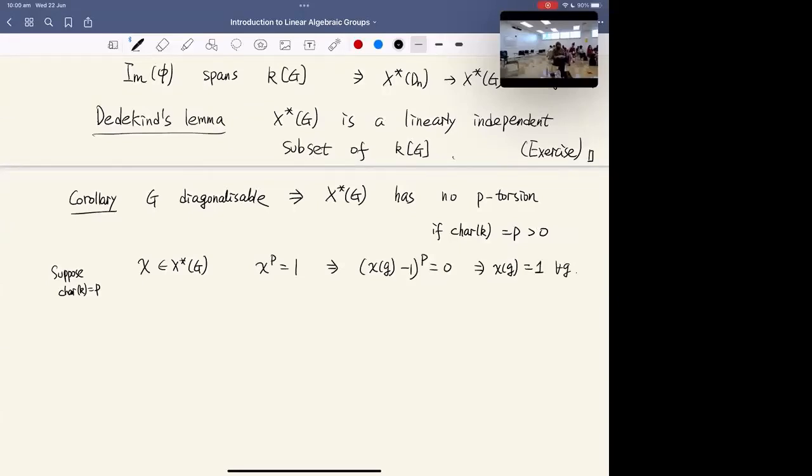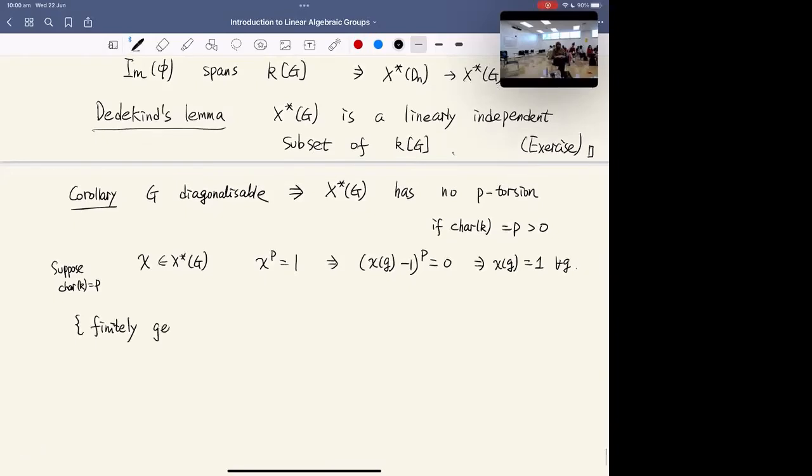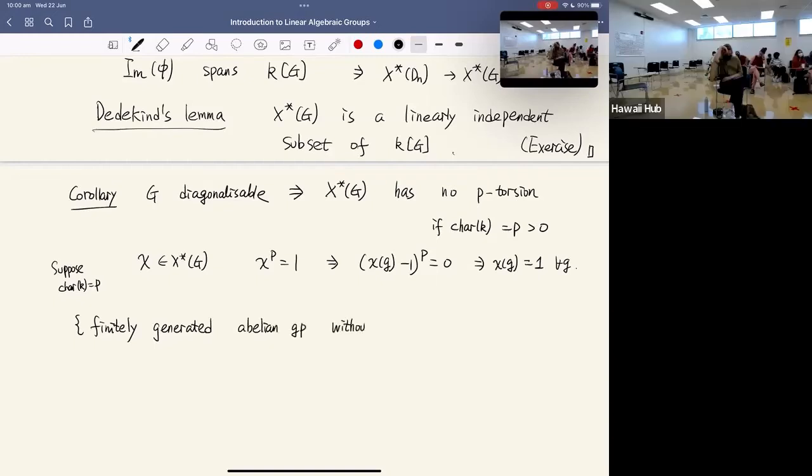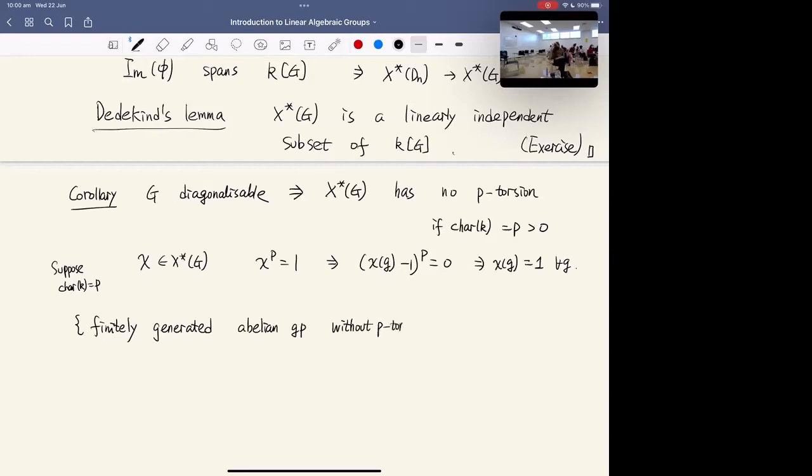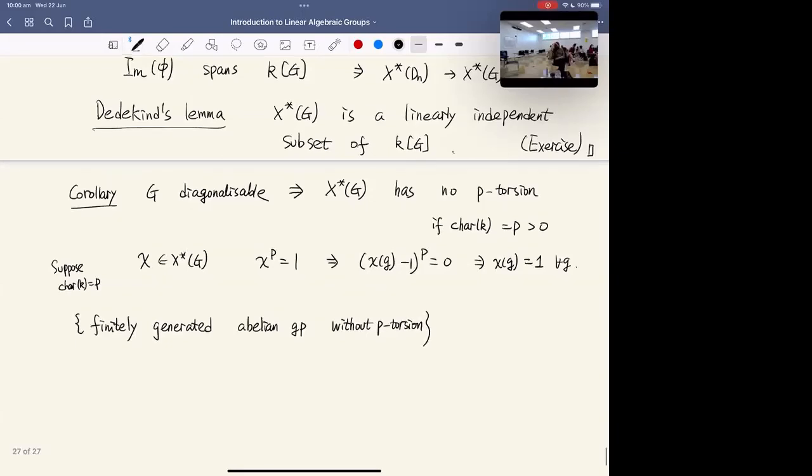Now, in your exercise, you were asked to consider finitely generated abelian groups without p-torsion. Here in characteristic 0, this just means that the group is free.